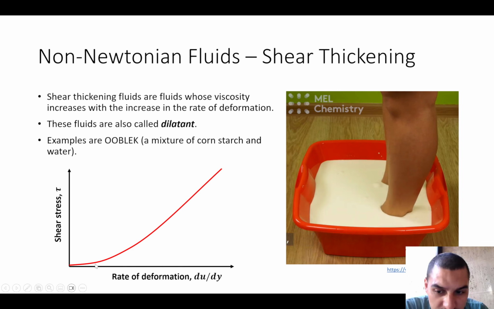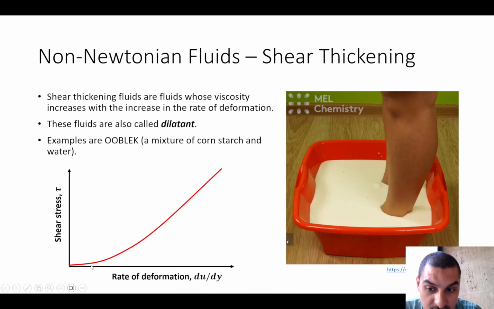If you want to apply a high deformation rate, this is easy to do with very low shear force. And as the shear stress increases, the rate of deformation increases as well. And to achieve this rate of deformation, you have to apply very high shear stress compared to this.